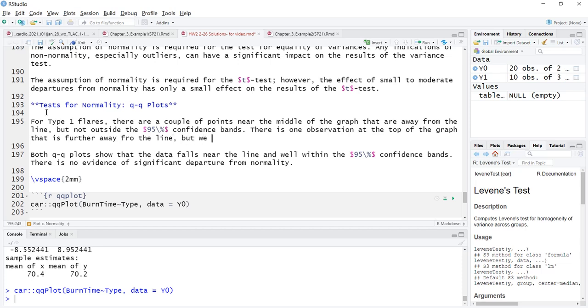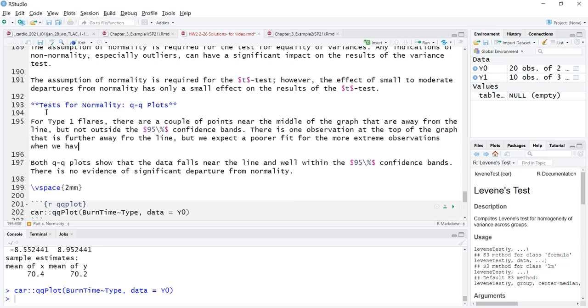But we expect a poorer fit for the more extreme observations when we have a small sample size, which we do. We have a sample size of 10 each, okay? Small sample sizes.